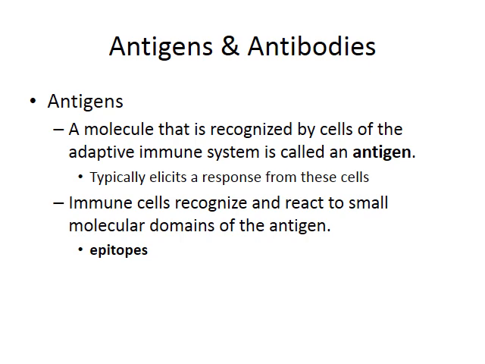So, antigens are the molecules that are recognized by the cells in the adaptive immune system. These are just some sort of molecule that's going to be recognized by cells and elicit a response from these cells. Now, immune cells will recognize two small areas of that molecule, the antigen, and we call these epitopes.